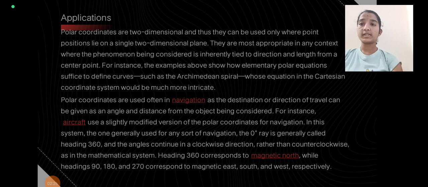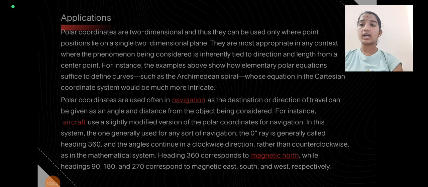For instance, the examples above show elementary polar equations that define curves such as the Archimedean spiral, whose equation in the Cartesian coordinate system would be much more intricate.